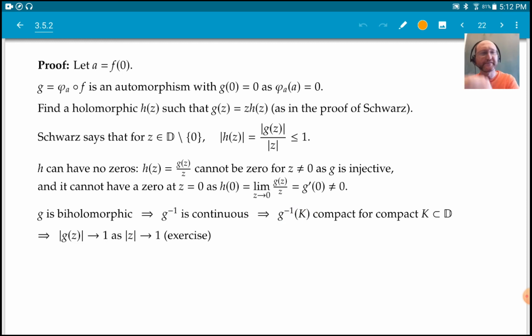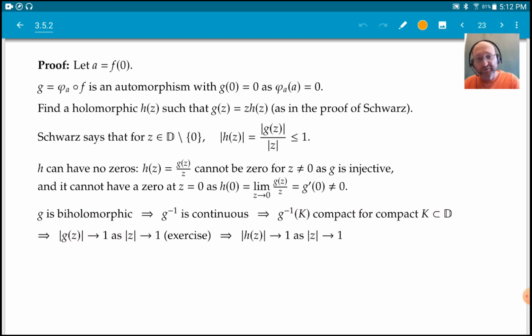What does this mean? It means that if I have any sequence of z's whose modulus goes to 1, then the modulus of g goes to 1. And it's an exercise that this follows from this.